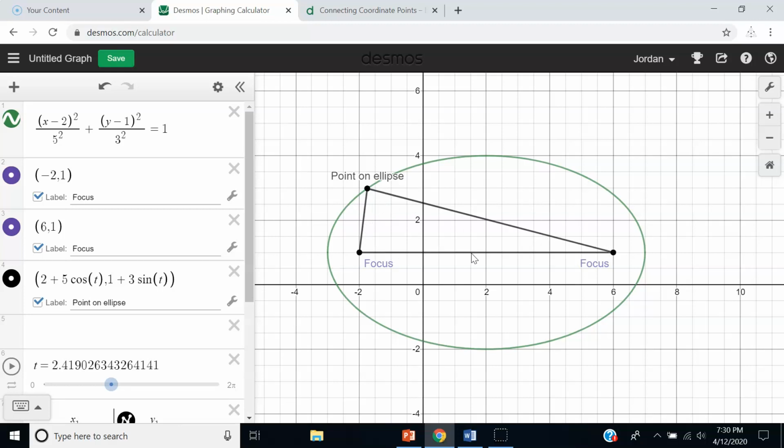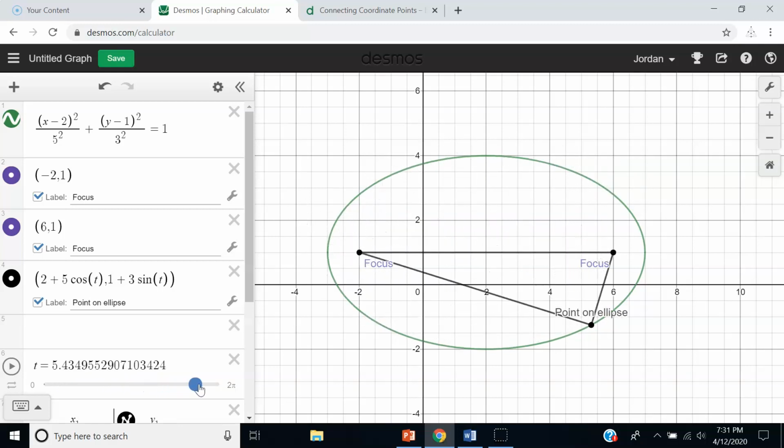Some people will eliminate this base length here, obviously, because it's always staying the same, and they'll say the distance from a focus to a point plus the distance from the other focus to a point on the ellipse, no matter what point on that ellipse it is, that distance is always going to be a fixed value.